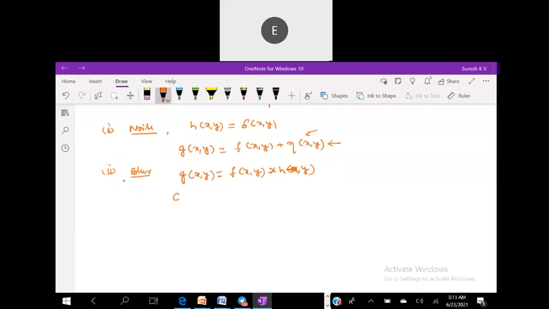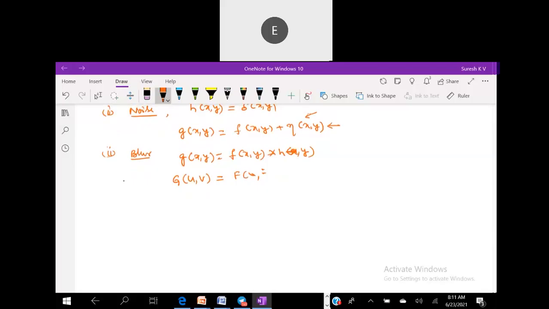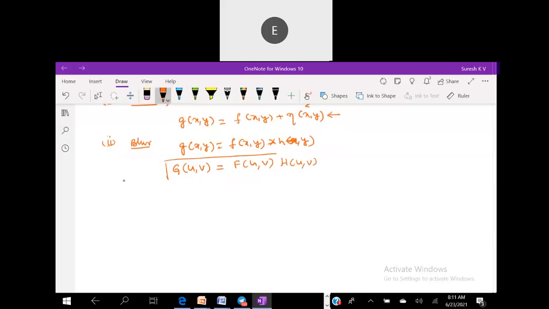If you go to the frequency domain, I take the Fourier transform on both sides, and convolution becomes multiplication. All of you know about it. So G of u comma v equals H of u comma v times F of u comma v. When I assume only blur and no noise, this will be the model.